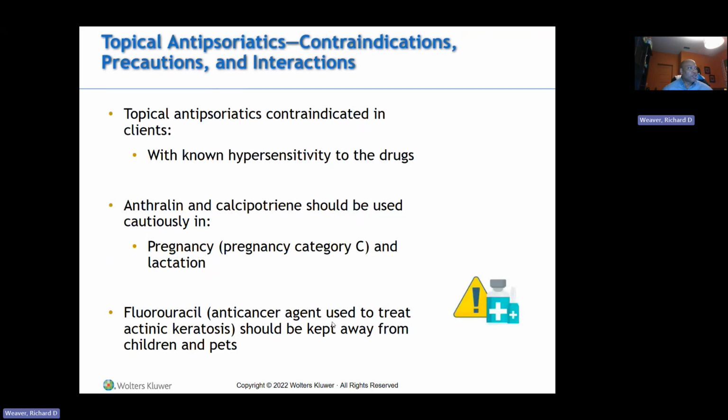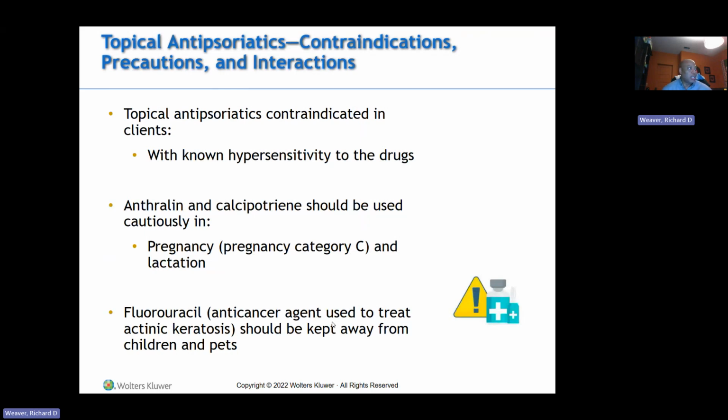Your topical anti-psoriatic is contraindicated in those who have hypersensitivity, those who are allergic to this drug. Your anthralin and your calcipotriene should be used cautiously.